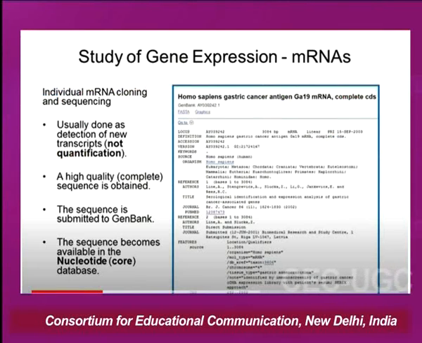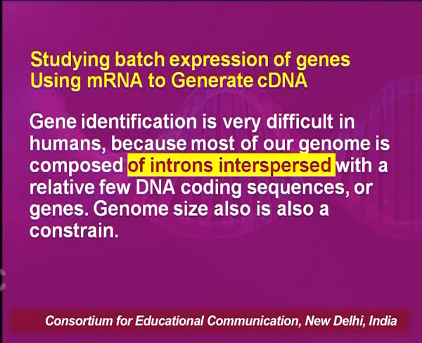So this is just a small picture which is showing that we can study gene expression of a single gene, but that would be simply studying an mRNA sequence in GenBank. But we can study batch gene expression, meaning many genes together, and for studying that we do what?